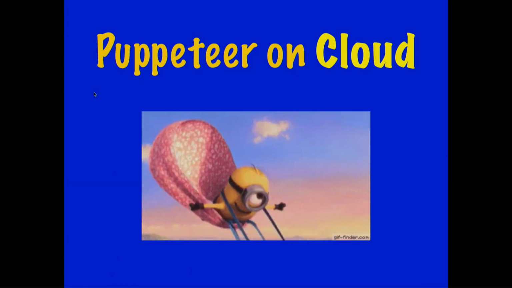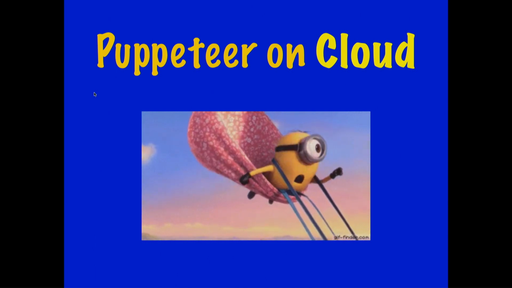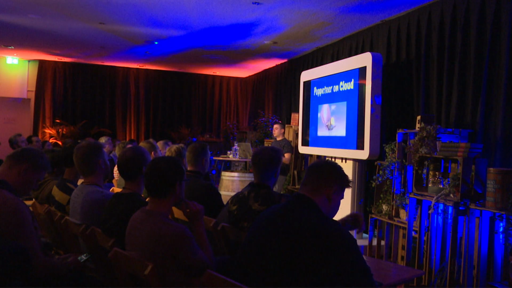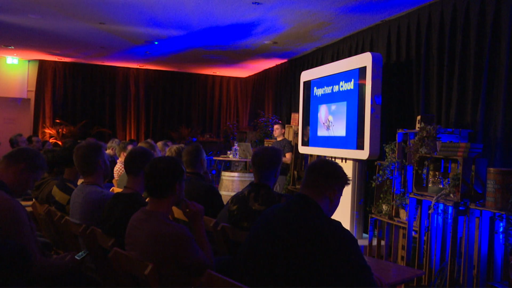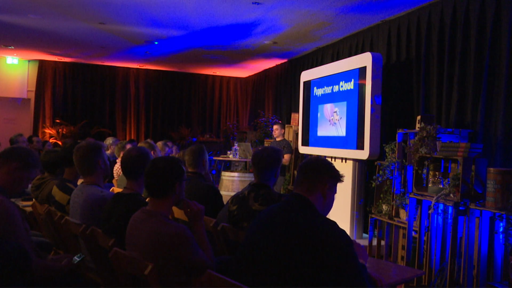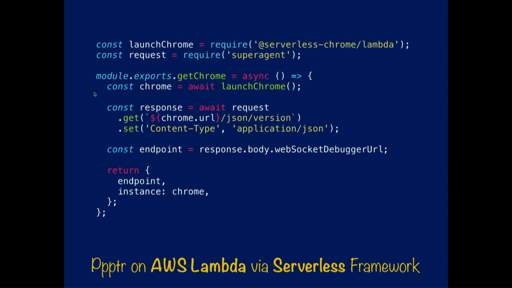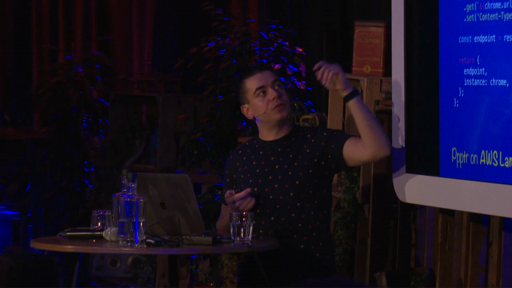Puppeteer on the cloud. So we can introduce all these ideas even more. If I have time, I can introduce 20 more. But how can we get the most value out of it? We can use them on the cloud. This demonstrates using them on AWS Lambda functions over the serverless framework. It uses the serverless Chrome Lambda launch Chrome function from that package.